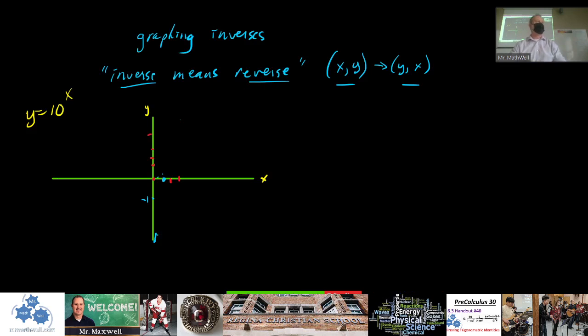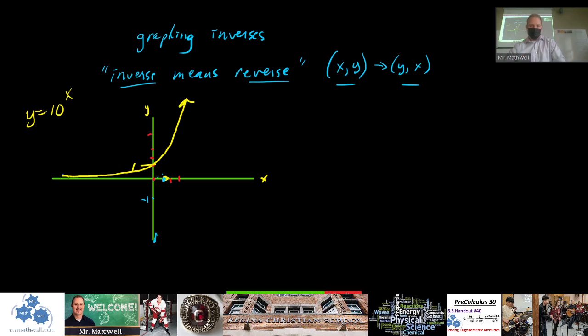Okay, what does this graph look like? Well, y equals 10 to the power of x is an exponential function that you know already looks like this. It goes through y equals 1 and goes up like that. The logarithmic function is x and y all reversed. So 0, 1 becomes 1, 0.